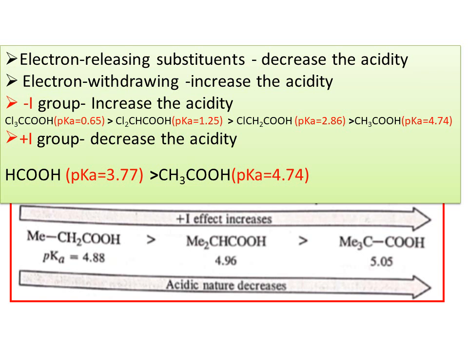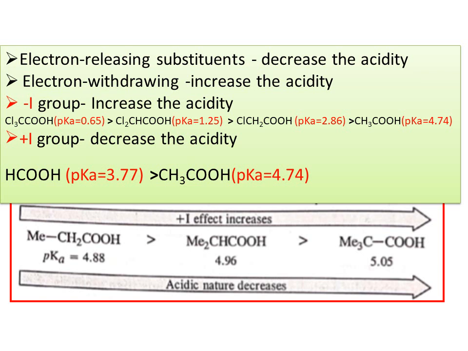Similarly, in carboxylic acid, if a plus I effect group is present, then it decreases the acidic nature. Say for example, formic acid and acetic acid. In formic acid there is no plus I effect group, whereas in acetic acid there is CH3, which is a plus I effect group, which destabilizes the carboxylate anion.